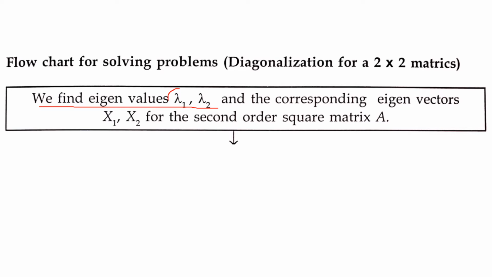I will explain how to find eigenvalues with an example while solving the problem. Then we find the corresponding eigenvectors for the second order square matrix. So in the first step we find eigenvalues and eigenvectors.